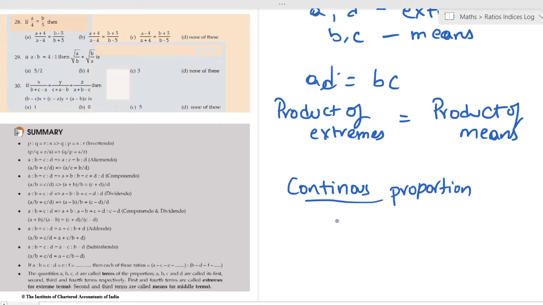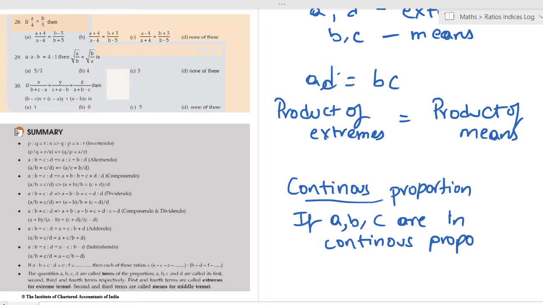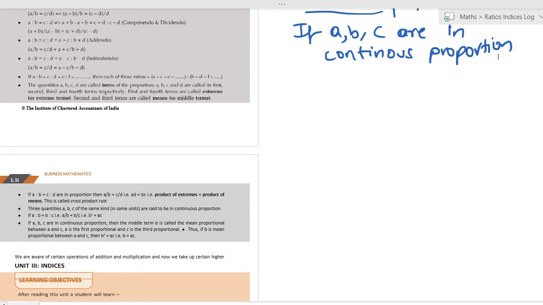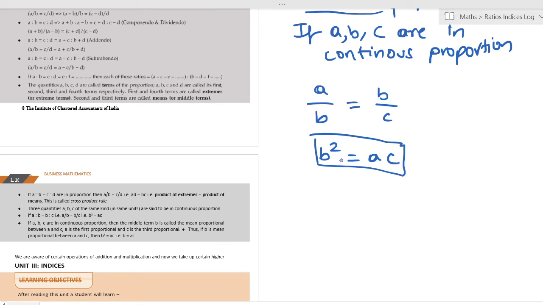In case of continuous proportion, if A, B, C are in continuous proportion, A by B equals B by C, A is to B equals B is to C, or B square is equal to AC. You have to remember this one: B square is equal to AC.